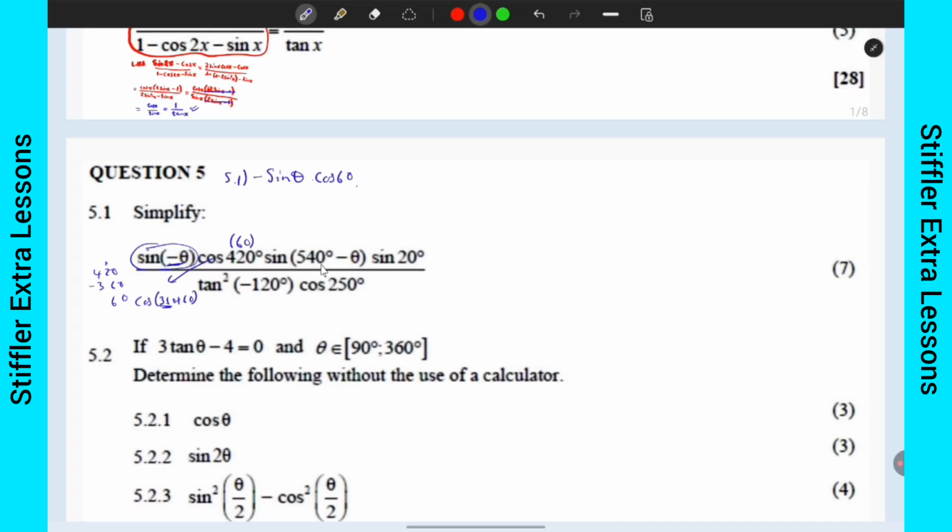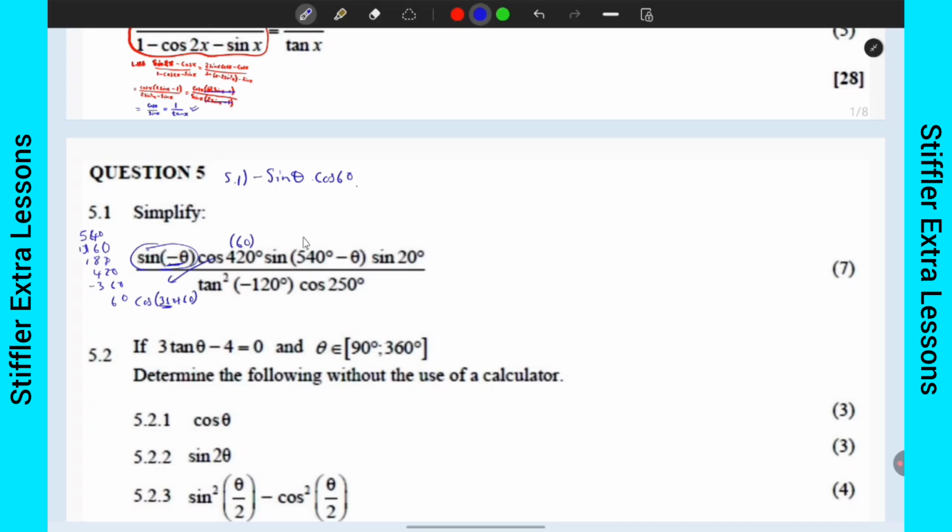And then sine 540 minus theta. Also, 540, we need to subtract 360. 540 subtracting 360, what do we get? This will be 180.